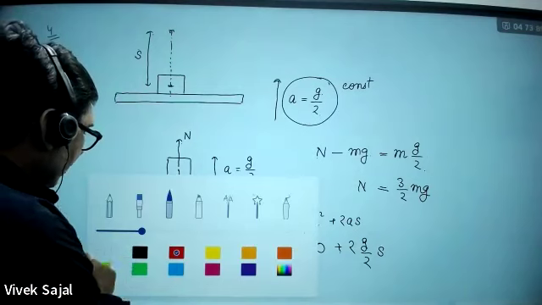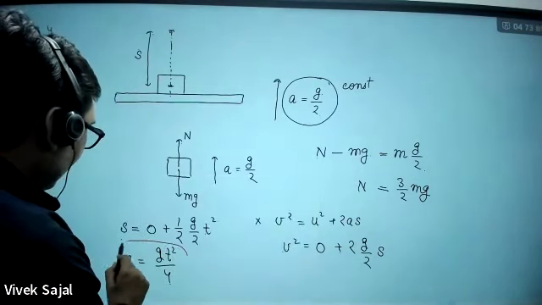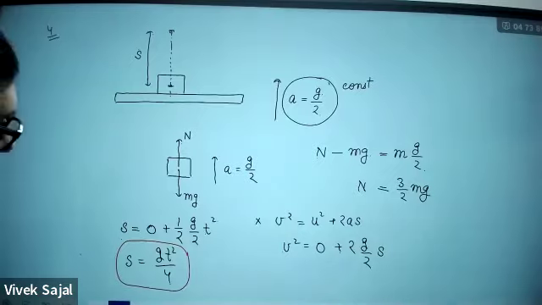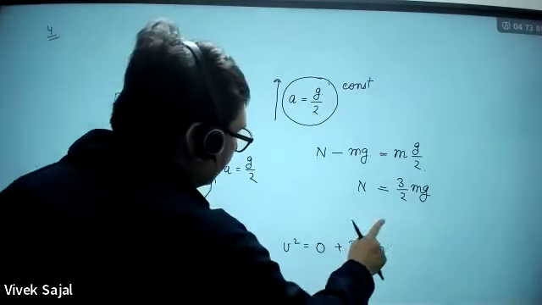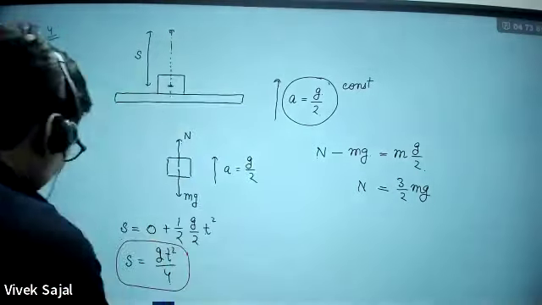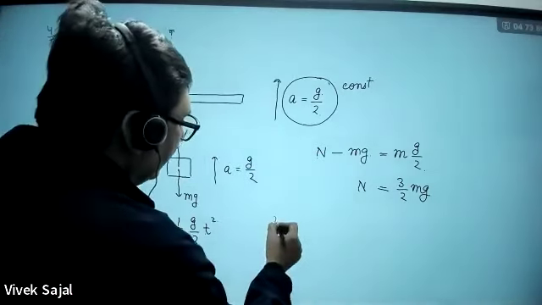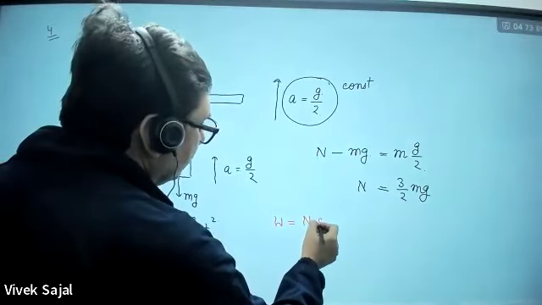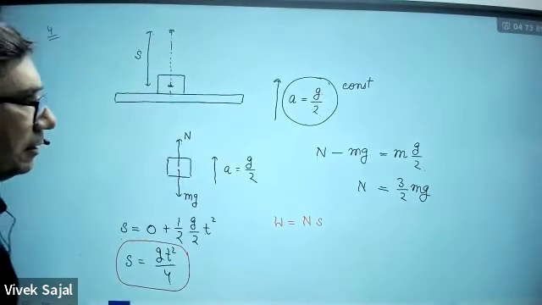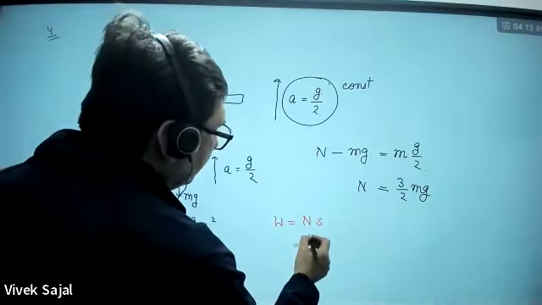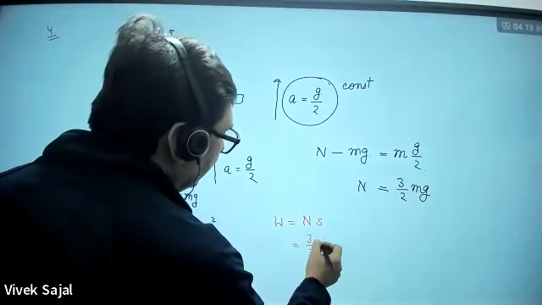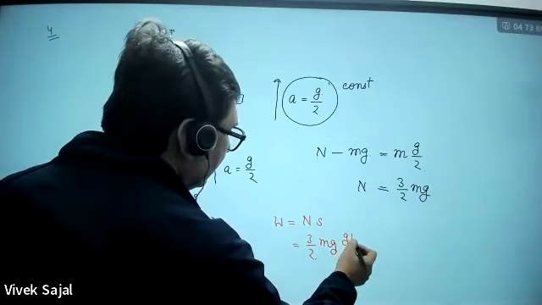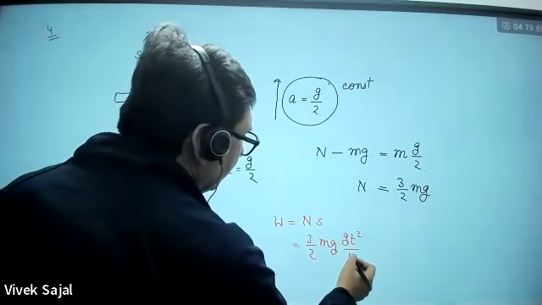So what will be the work done here? This is the distance traveled by the block in time t. Work done will be F, normal reaction, into displacement. Normal reaction is 3 by 2 mg, and S will be gt square upon 4.